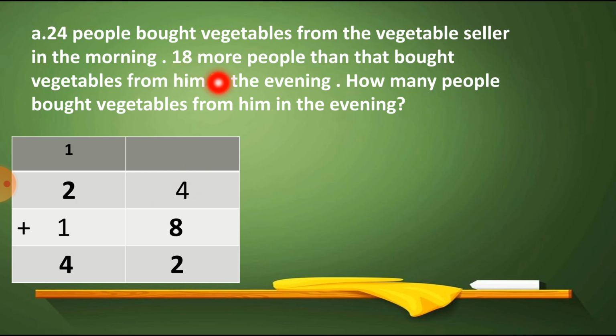Now 18 more people than that bought vegetables from him in the evening. So here we can write down the number 18. The question is how many people together, total people, bought vegetables from that vegetable seller.